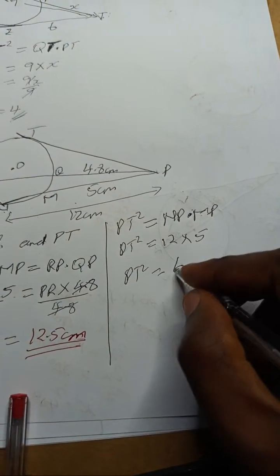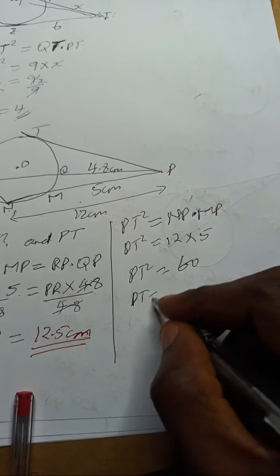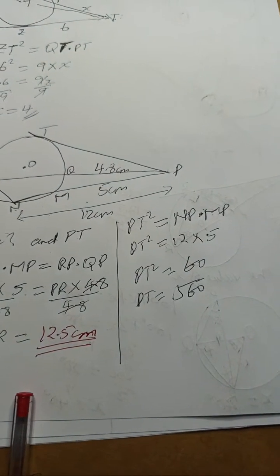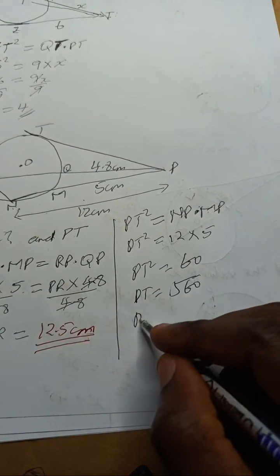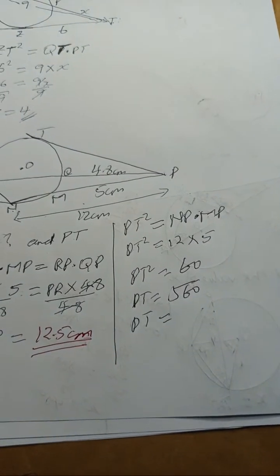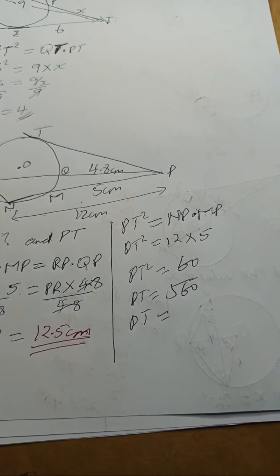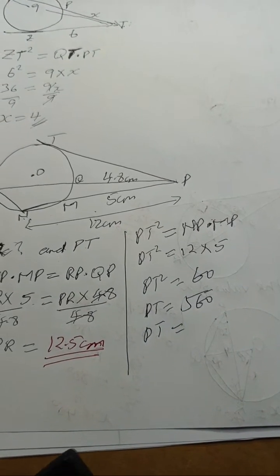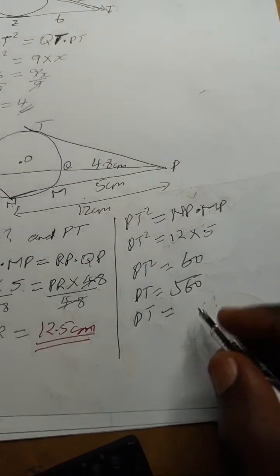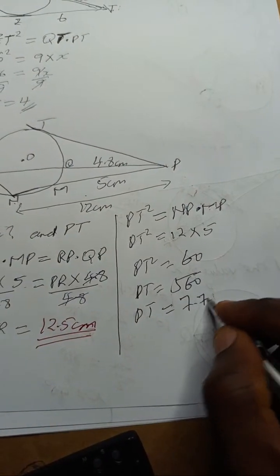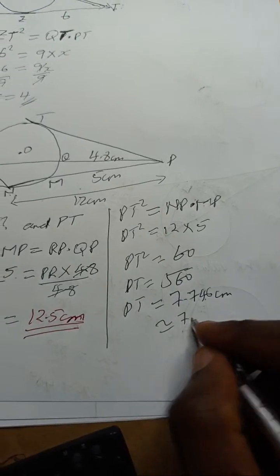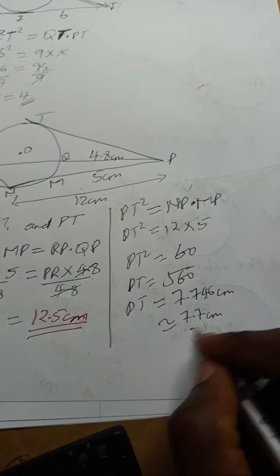So PT is the square root of 60, plus or minus. From there, our PT is equal to the square root of 60, which gives us 7.746 centimeters, approximately 7.7 centimeters.